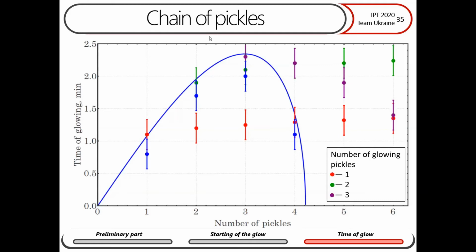For the glowing of all pickles in the chain, we can have a special experimental condition, and we cannot have this condition for a chain of 5 or 6 pickles, and we can observe only 2 or 3 pickles glowing in this chain.